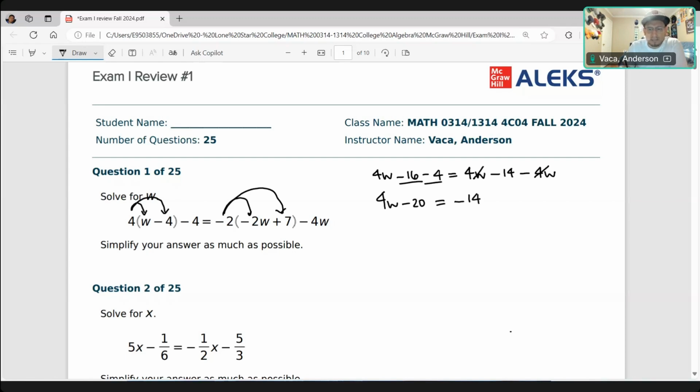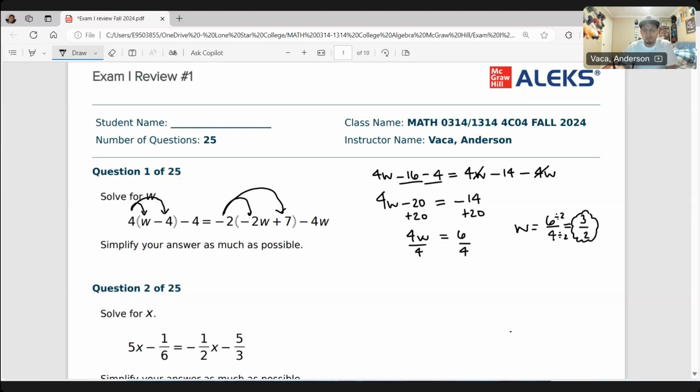The whole idea is to isolate the variable, so we're going to add 20 on both sides. We get that 4W is equal to 6. After dividing by 4, we get that W is equal to 6/4, or better yet, these two numbers are divisible by 2. So divide by 2, and we get 3/2.